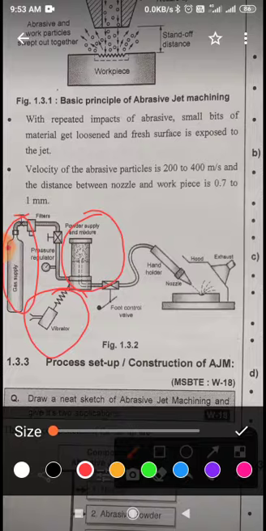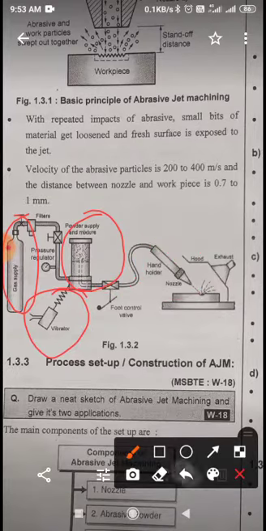This tank includes gas and abrasive material, and this vibrator keeps vibrating that chamber to mix air and the abrasive powder. Then it is fed to the nozzle gun, from which it is impinged on the workpiece surface.